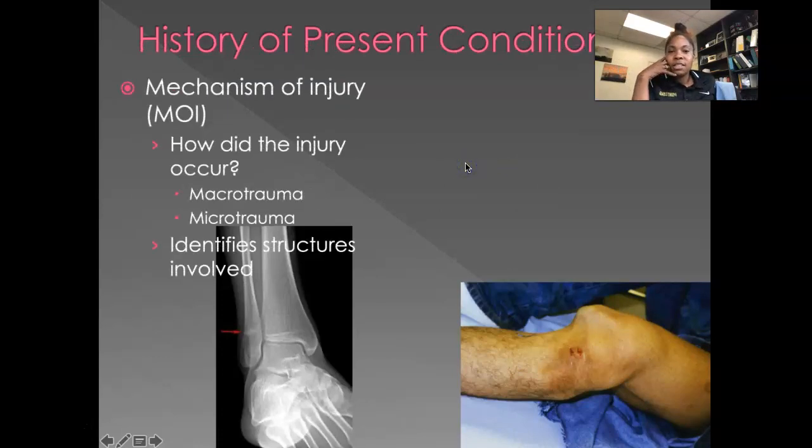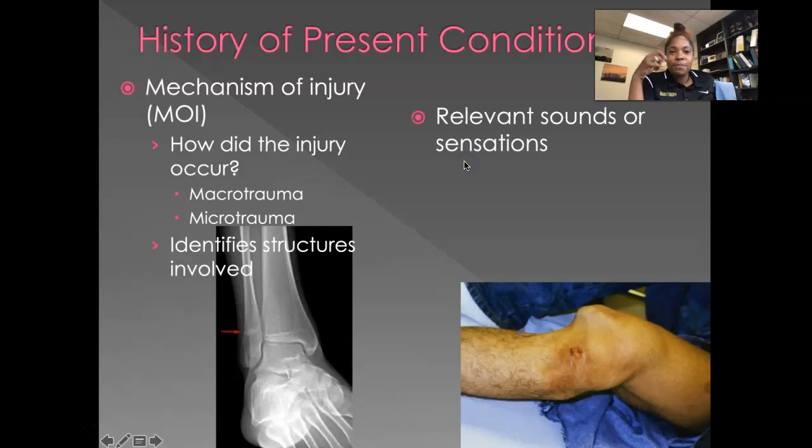Okay, so the next question, and now we're kind of getting into that medical history, is mechanism of injury. So how did the injury occur? Was it macro trauma? Was it micro trauma? Was it sporadic, right? Remember that? We want them to identify or tell us what structures are involved. And one of the key questions that I always ask is, was there a sound or a sensation that you felt?